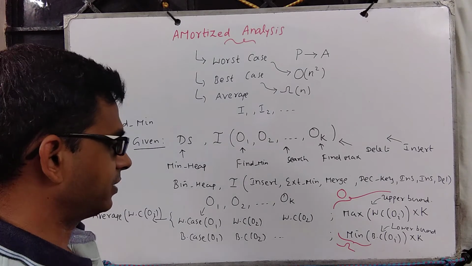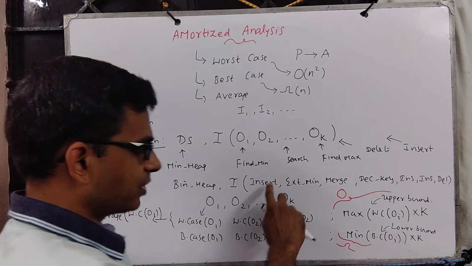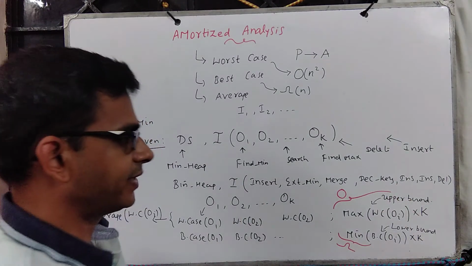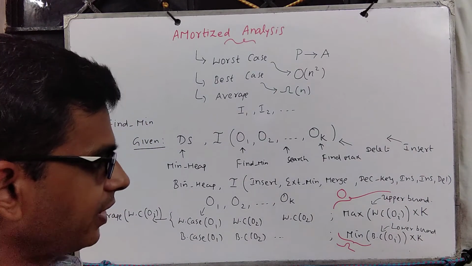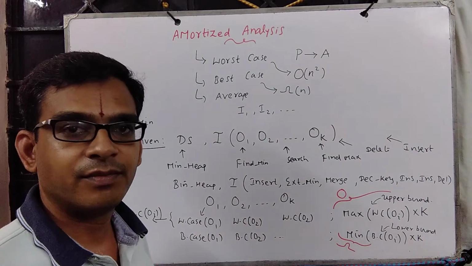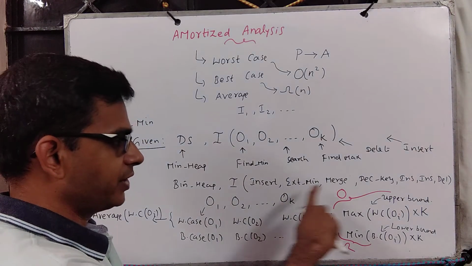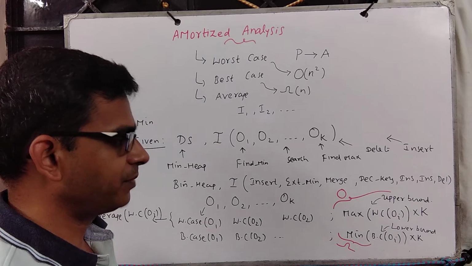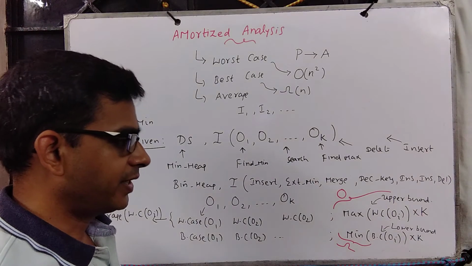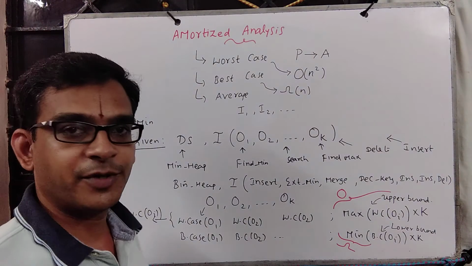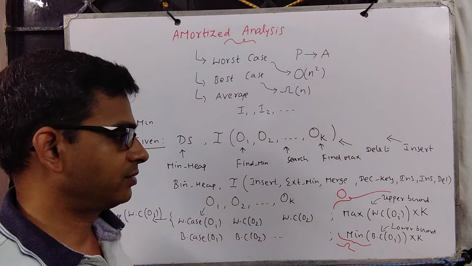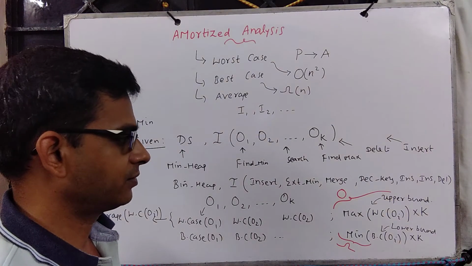For two reasons. Some of these operations may be related. Maybe the interplay between them might help us in analyzing the input sequence from a slightly different perspective, and in an attempt to do that we may probably get a better analysis, somewhat tighter analysis.